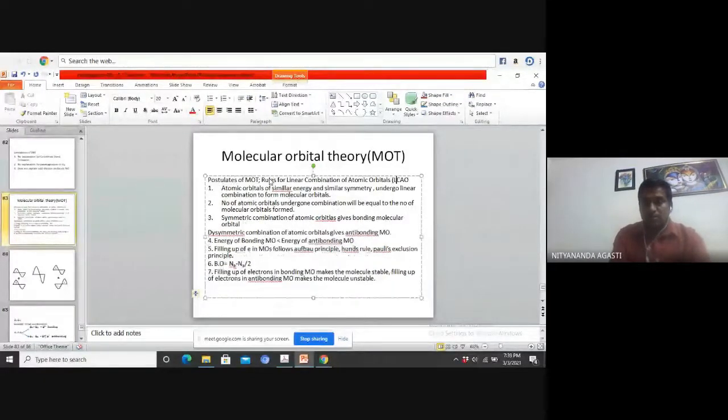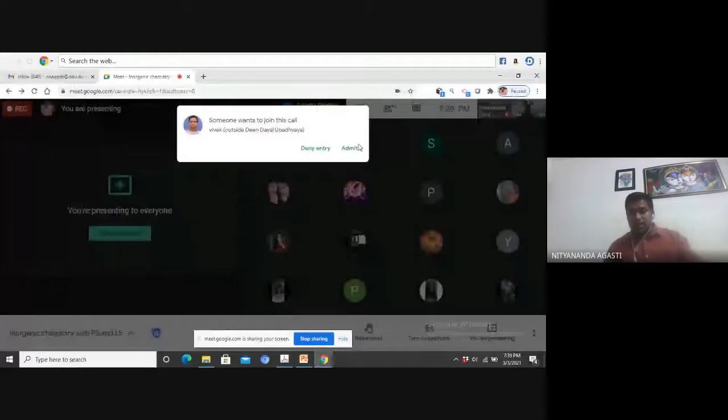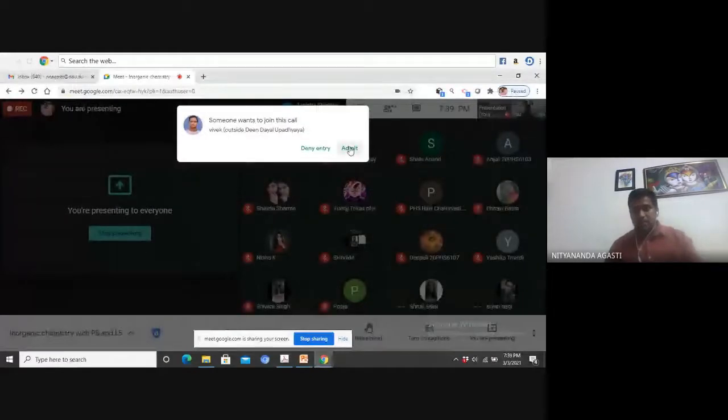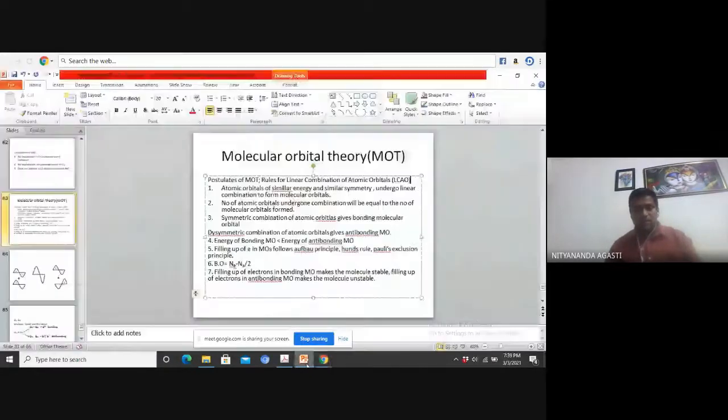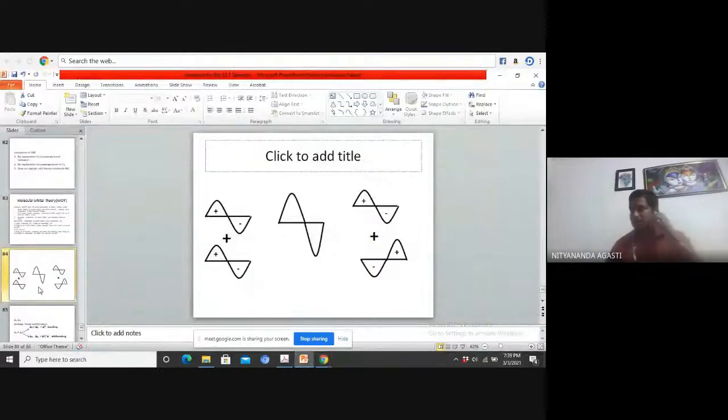We have already discussed what we mean by linear combination, by considering two atomic wave functions. When we are talking about linear combination of two atomic orbitals, you consider both a symmetric combination, of orbitals of similar symmetry, and another combination of orbitals not in the same symmetry.